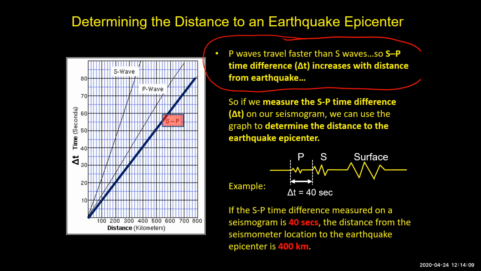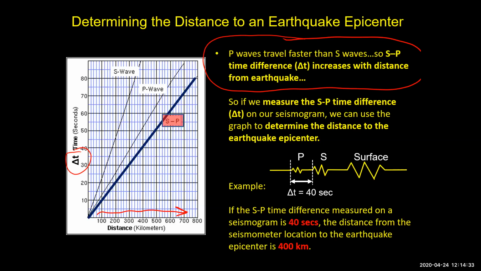And the important thing here is that as you get further and further from the source of the earthquake, the gap in time between the arrival of the first P waves and the first S waves increases. So let's do an actual example here, and you'll see how to take the information on a seismogram to determine how far away the earthquake occurred.